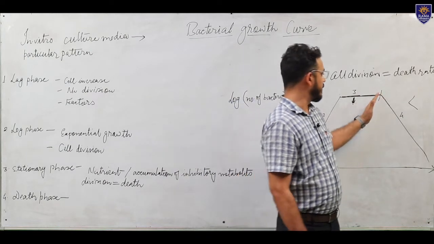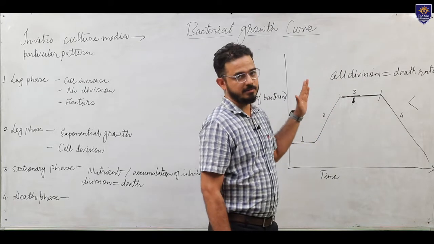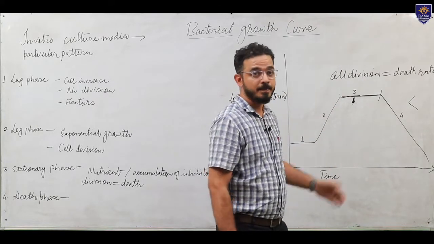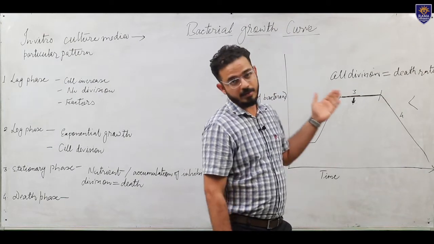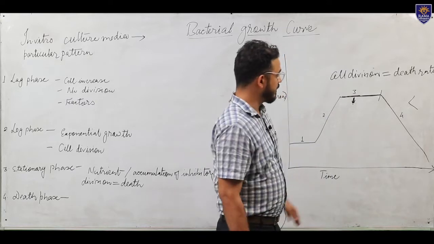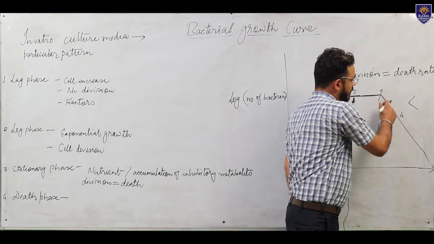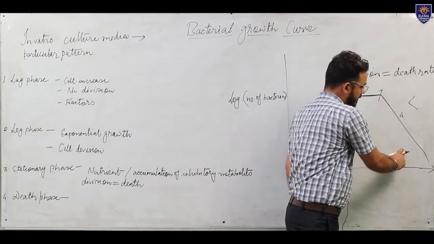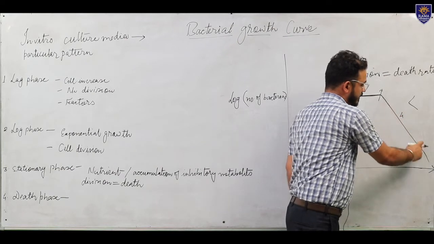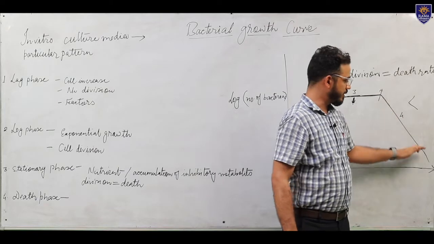Now, here all the nutrients are exhausted. The bacterial population colony has used every dime of the nutrients available in this culture media, and after everything is exhausted, there is no nutrient available, so cells start to die. There is no cell division, only cell death.